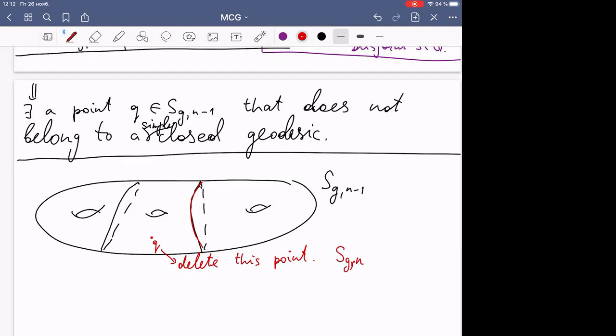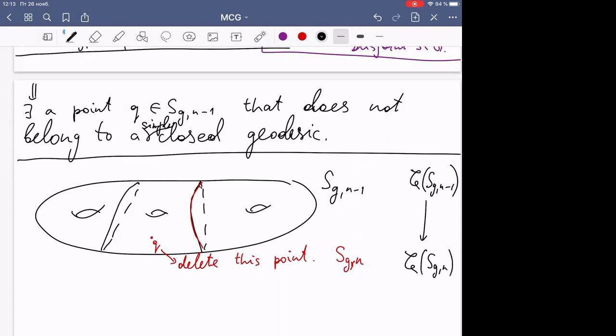So any set of pairwise disjoint simple closed geodesics on this surface yields a collection of pairwise disjoint simple closed curves on this surface, and hence we get the map from the curve complex here to the curve complex here.